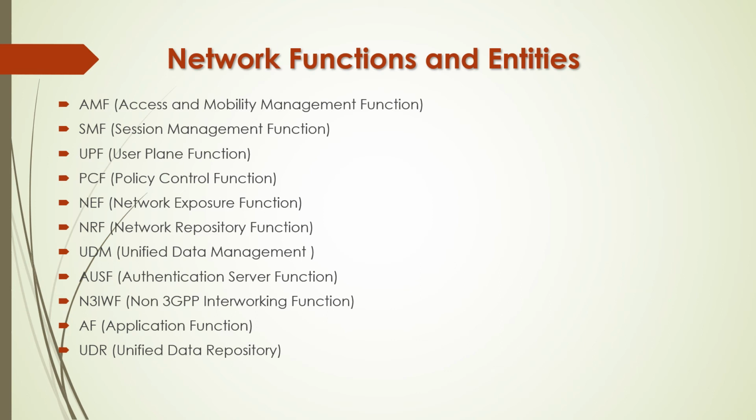Then we have the SMF, the session management function, which is required for session management, again a control plane function. Then we have the UPF, the user plane function, which forwards the user data to the internet or data network. Then we have the PCF, the policy control function, which defines the policies that need to be implemented.